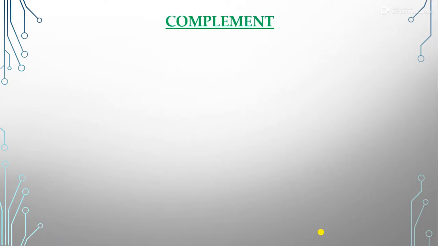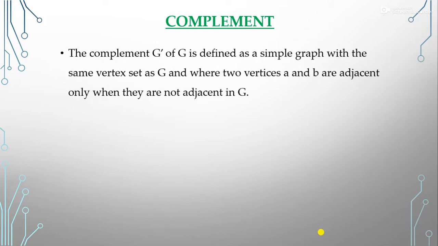Okay. So now the next one and the last one is complement. Suppose you have any graph G. What will be the graph of the complement of the graph G? The complement we denote by G dash, and this is a simple graph with the same vertex set as G. It means the vertices are all those vertices which are in our graph G, and they will be in our graph G dash.